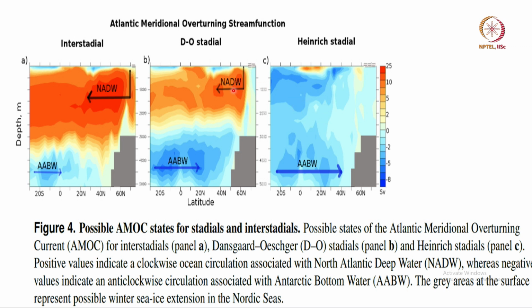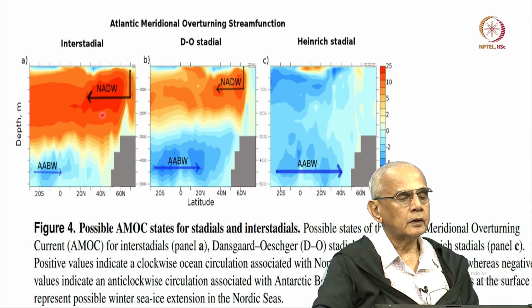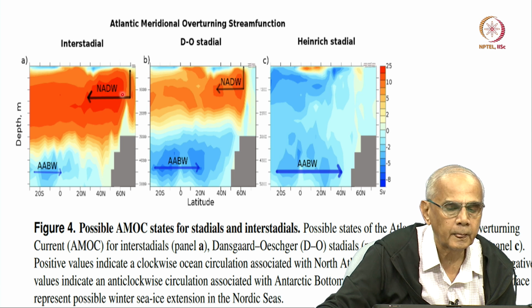On the other hand, when the warm event occurred, the circulation started increasing. And finally, during the Bølling-Allerød phase called the interstadial, that is a warm phase during the glacial phase, the circulation went up further. So, what it shows is that when icebergs fell in the Greenland region, the circulation became weak, then it slowly recovered and it became stronger. So, the AMOC strengthened here, it was weak here.